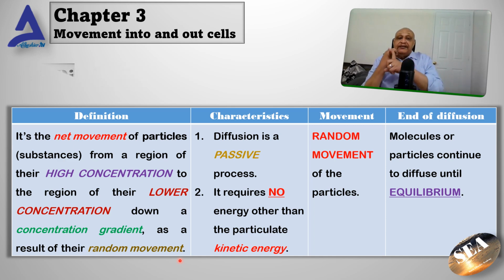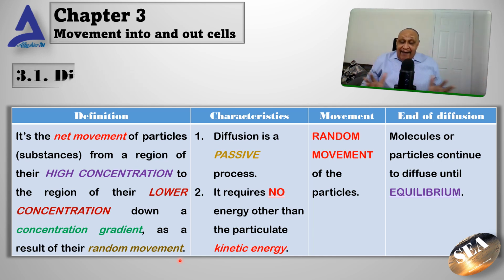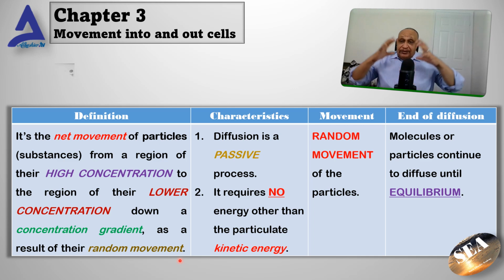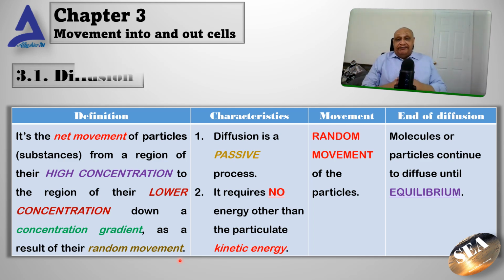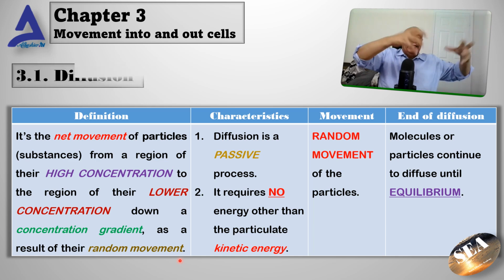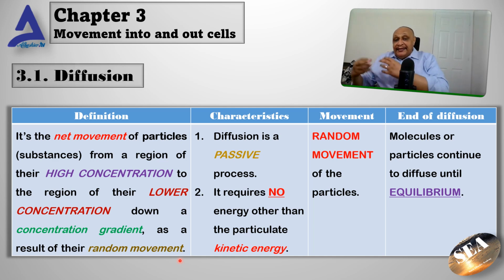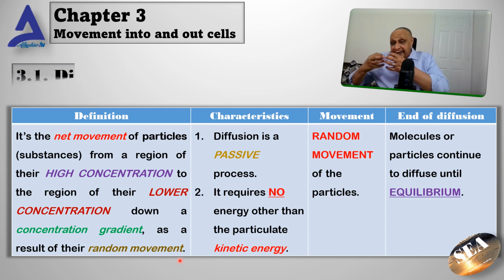So first, it is the overall or the net movement, the average movement of the particles, which may be atoms, molecules, ions, from region of high concentration, where is an abundance of this substance, to the region of their lower concentration, where the substance is the least amount, down a concentration gradient.